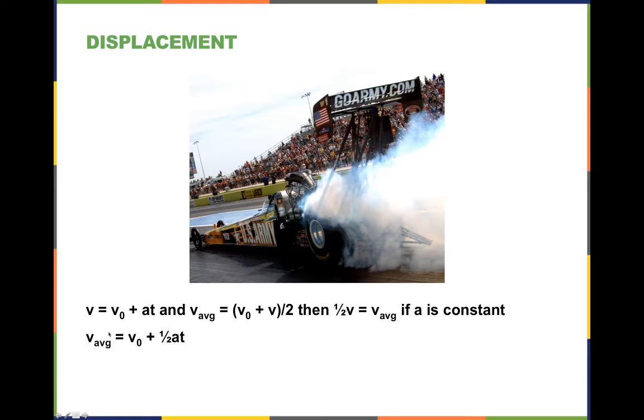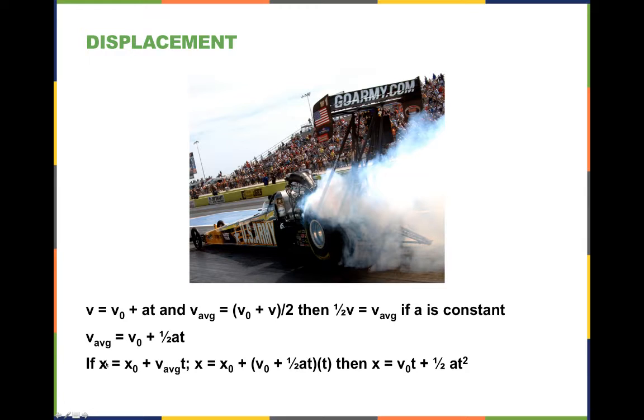So that means that we can take this, divide it by 2 and put it in here, and the average is going to equal V0 plus 1/2 AT.